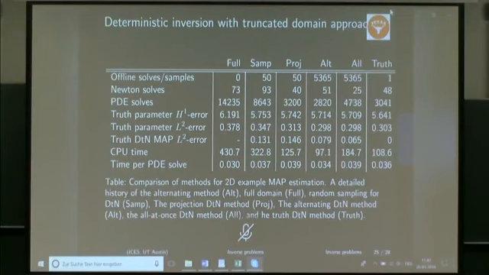Okay, and the second-to-last column is where we invert both the POD coefficients and the parameter simultaneously. And the last one is the Dirichlet to Neumann true, right?